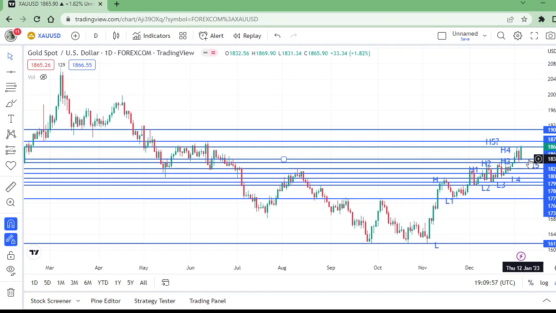It is expected to be around 1833 or whatsoever the level. Also, I expect it to be 1846. I don't know what will happen, but the gold will be touching the 1879.